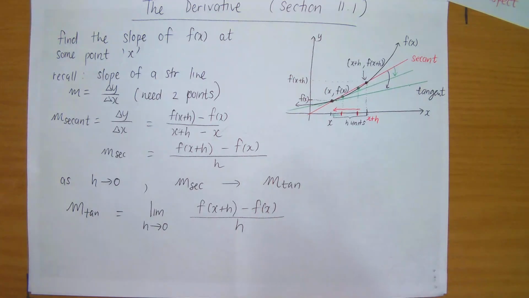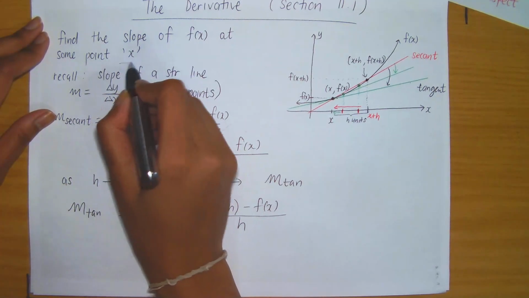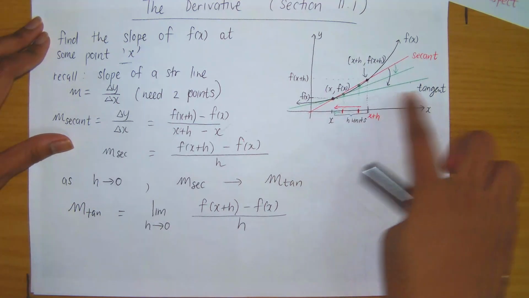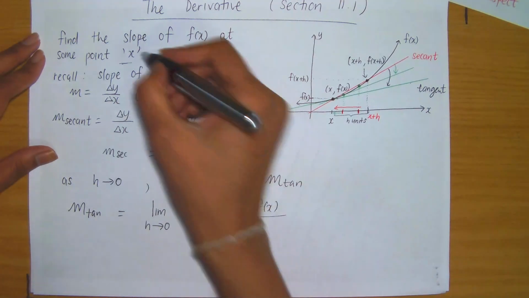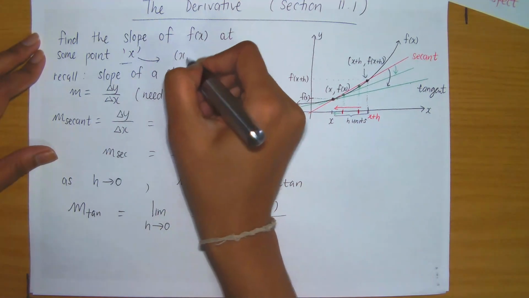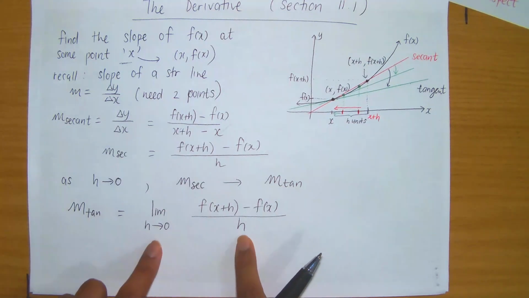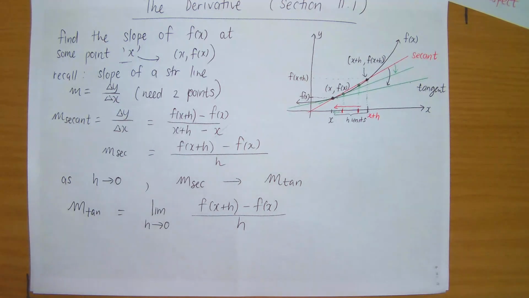So essentially we have now obtained a description for the slope of f of x at some point x, and it is given by the gradient of the tangent line that passes through that point x comma f of x, because remember, for every x you have a y coordinate f of x. So that's an important thing to keep in mind. If you're finding the slope of a curve at some point, it amounts to finding the slope of the tangent line at that point on the curve.